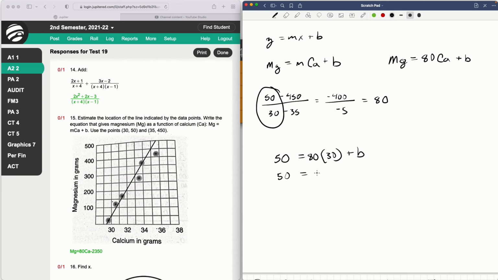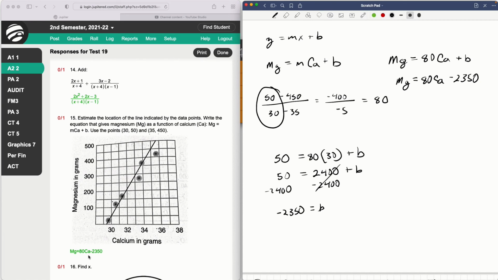And then we subtract 2,400 from both sides, and we get negative 2350 is equal to b. So now we just put that back in. mg is equal to 80 ca, and because it's a negative sign, that's going to be minus 2350. mg equals 80 ca minus 2350.